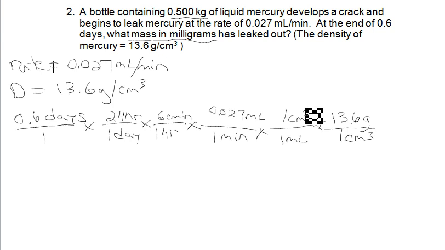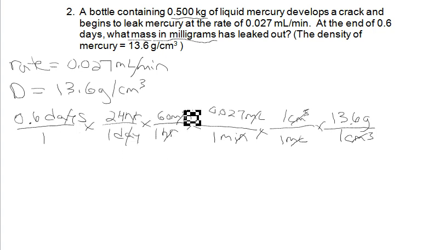We see our units are lining up well. So we have days canceling out, hours canceling out, minutes canceling out, volume in milliliters canceling out, cubic centimeters canceling out. This again here is a conversion factor because it's an equivalence, because it's just mercury. 1 cubic centimeter of mercury has a mass of 13.6 grams.